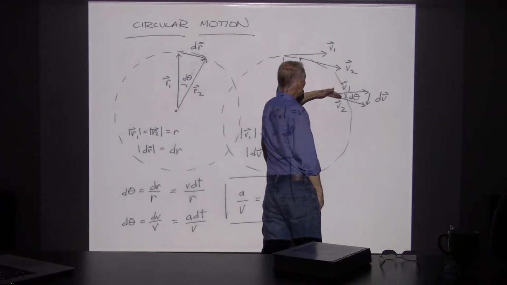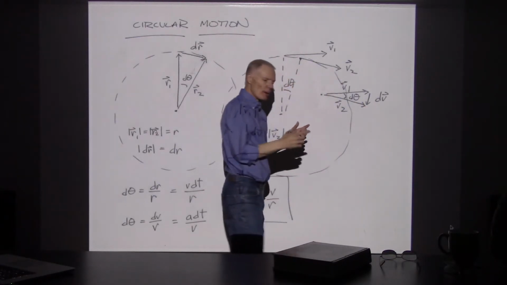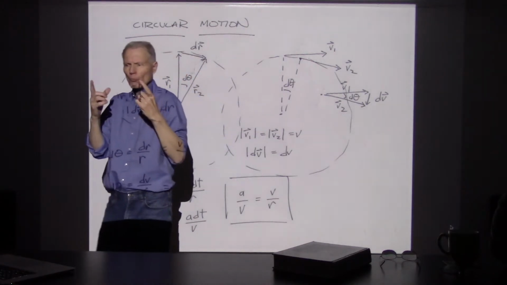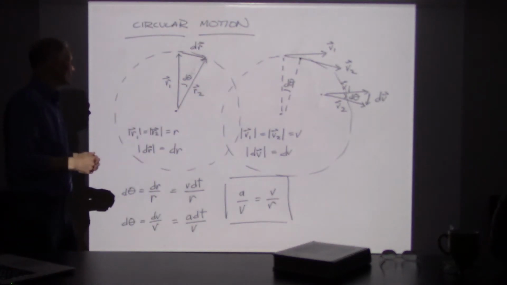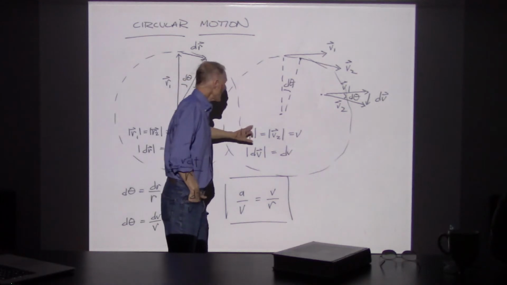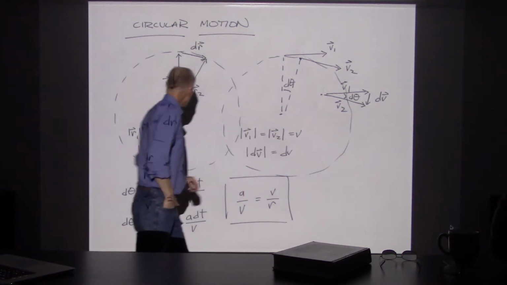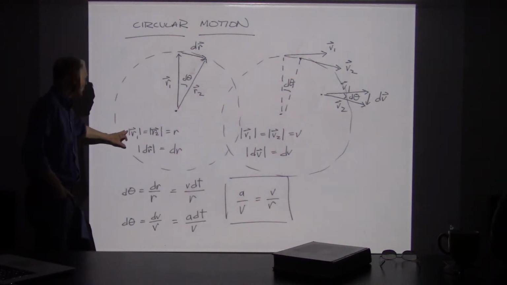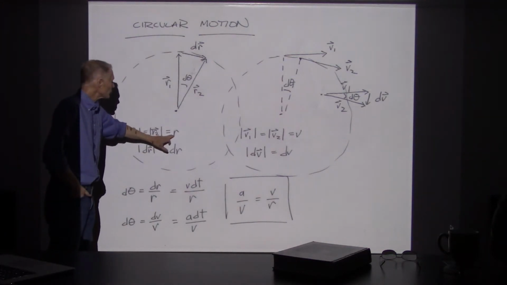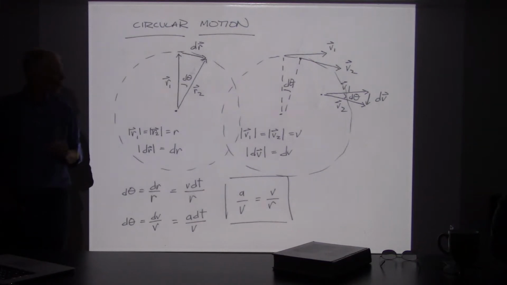So this triangle of dr, r, d theta is similar to dv, v, d theta. So even though this is v1 and this is v2, remember we're traveling at the same speed, so v1 magnitude equals v2 magnitude. We'll just call those sides v. r1 magnitude equals r2 magnitude. We'll just call that distance r.